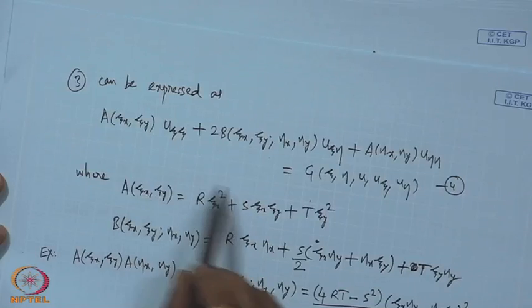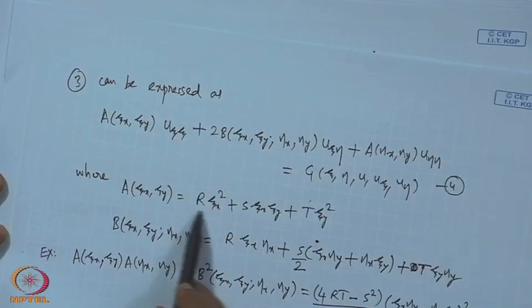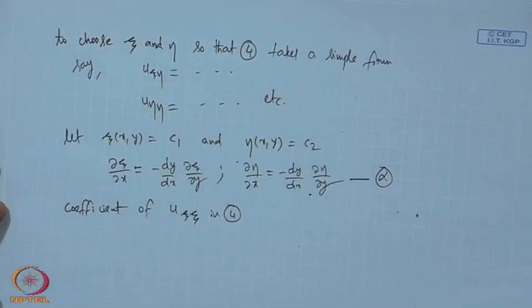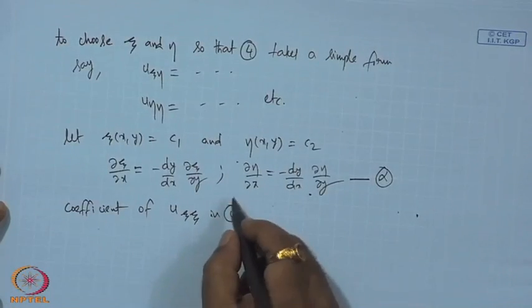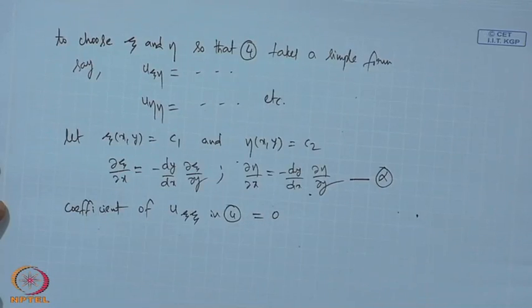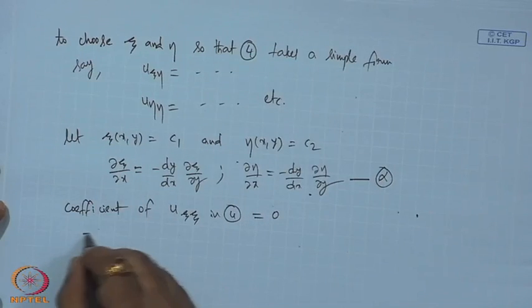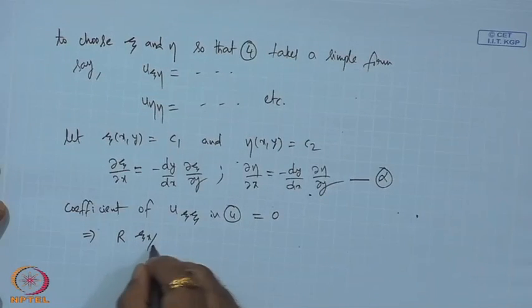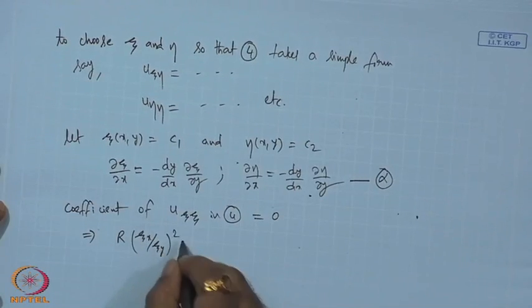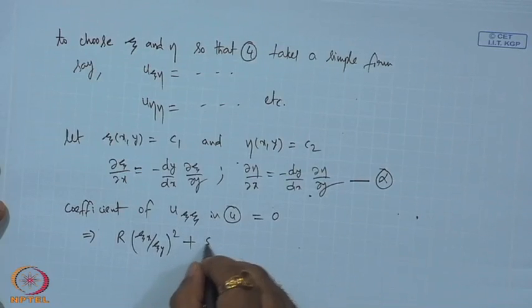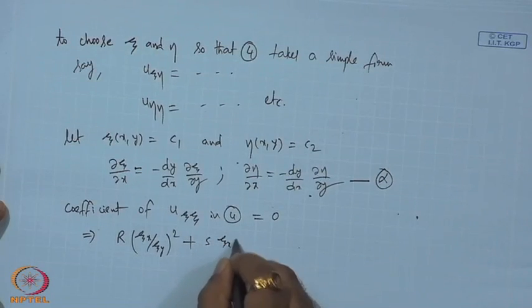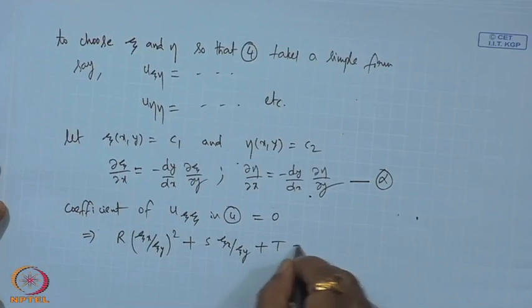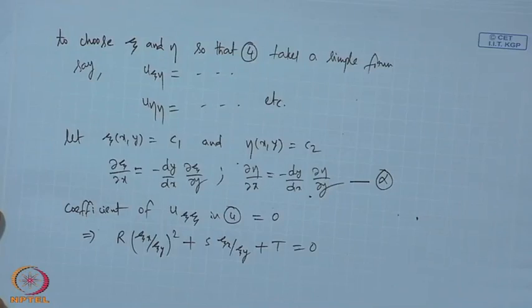So the coefficient of u zeta is this, and this will be 0, which implies R plus S plus T equals 0.